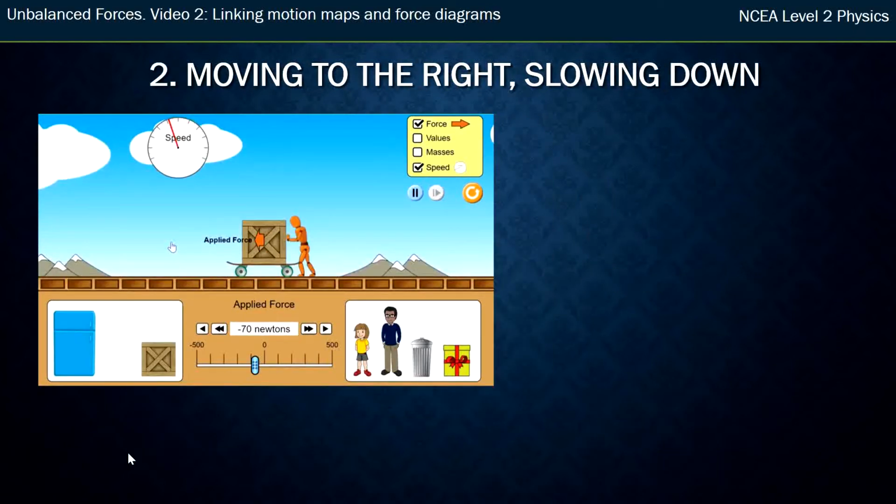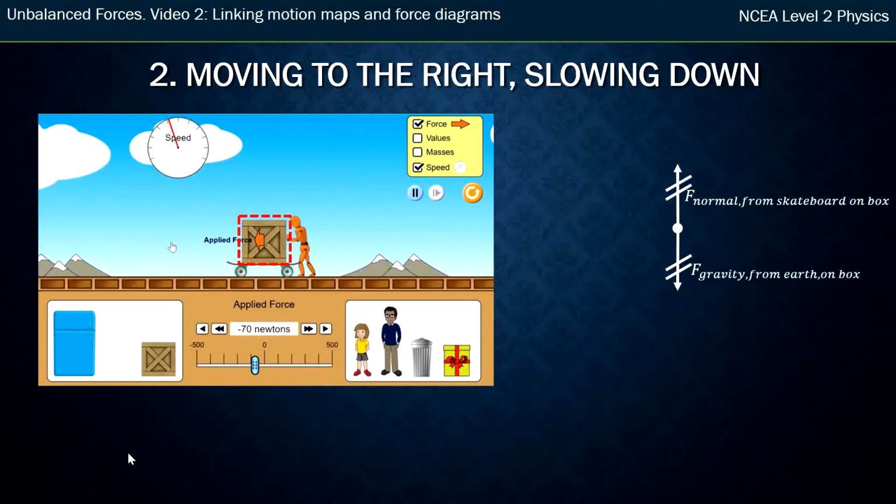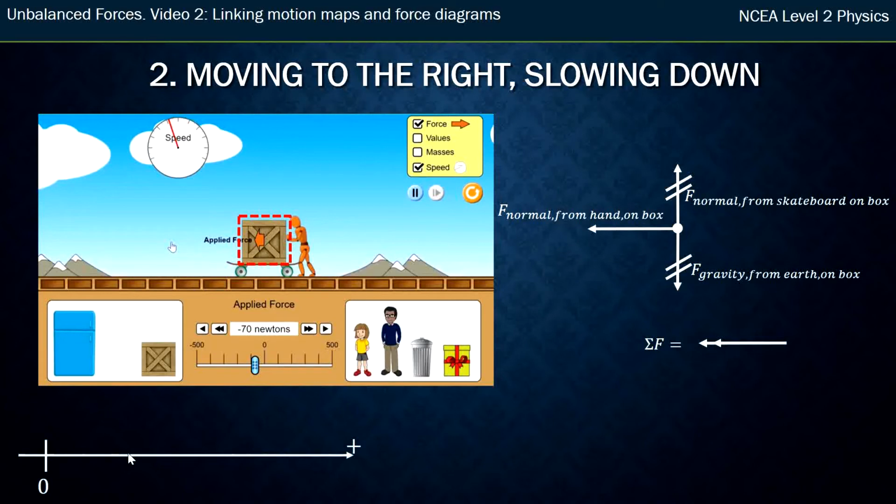So what about when I was moving to the right, but pushing it to the left and it was slowing the box down? Identify the system, draw my force diagram. My up and down forces don't change, but now I have a normal force from the person, or the hand, pushing towards the left. Therefore the total force, or net force, is pointing towards the left. I'm still going to keep my coordinate system choosing right to be positive.